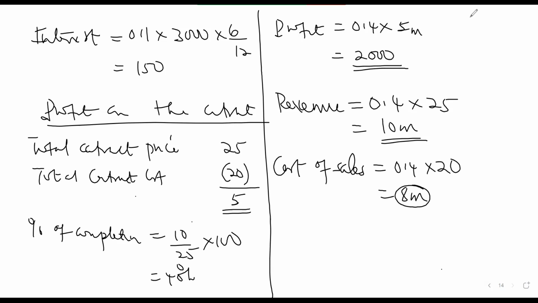So you are going to pay me 10 million. Okay. So the billing will be the cost of sales plus the 2 million, and that will give you 10 million. How much was received? What is the cash receipt?